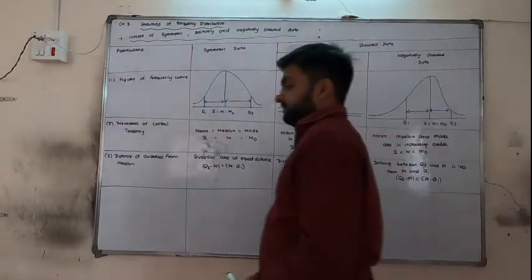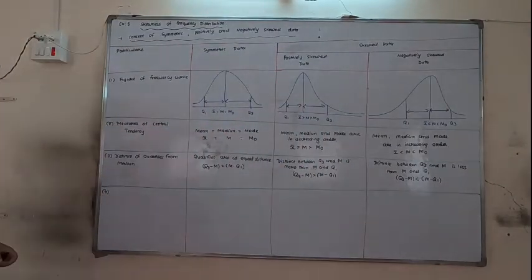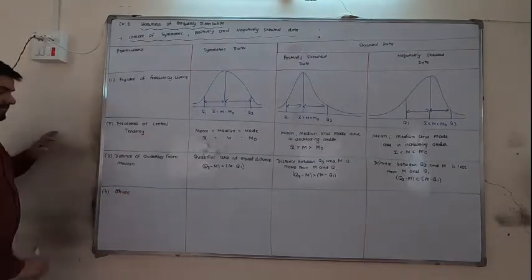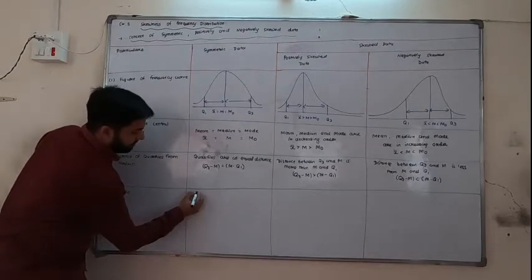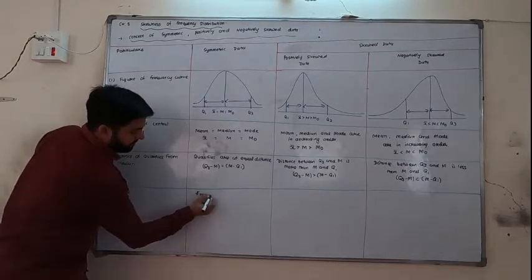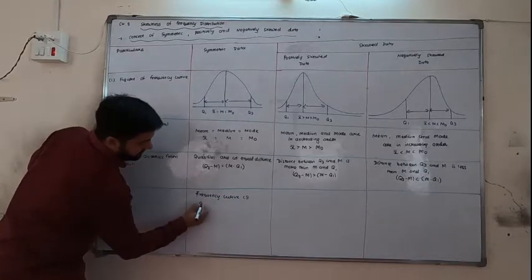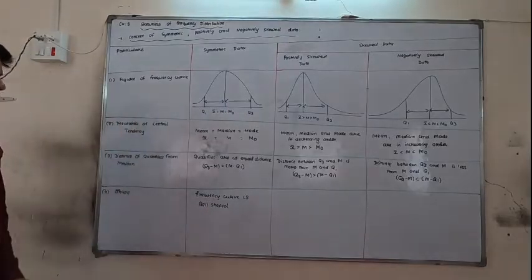Then next, number 4, shape. Frequency curve is bell-shaped.